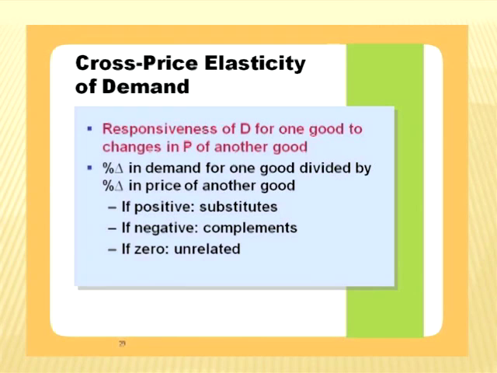On the other hand, if the price goes up on one good and the quantity demanded for the other good goes down, then the two are complements. And again, that was our definition. If, on the other hand, there seems to be no relationship whatsoever, if that number is close to zero, then we can say that the two are unrelated.